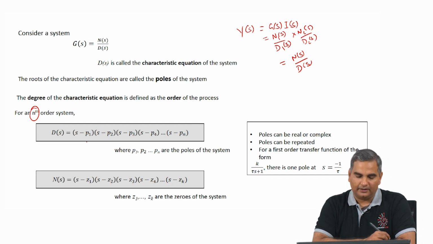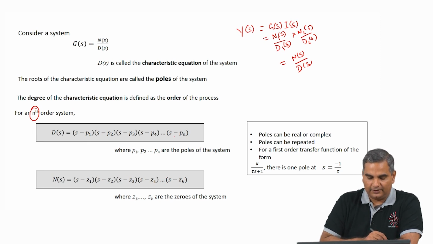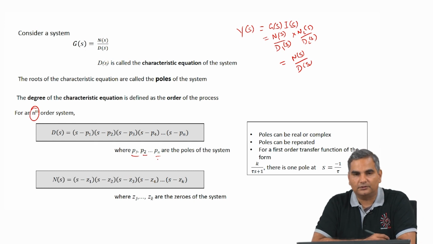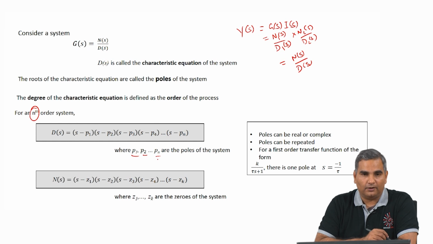This is something that we had seen before, and when I write an equation like this for the denominator, these p1, p2 all the way up to pn are called the poles of the transfer function, or the poles of the system itself. So the roots of the denominator polynomial are the poles.